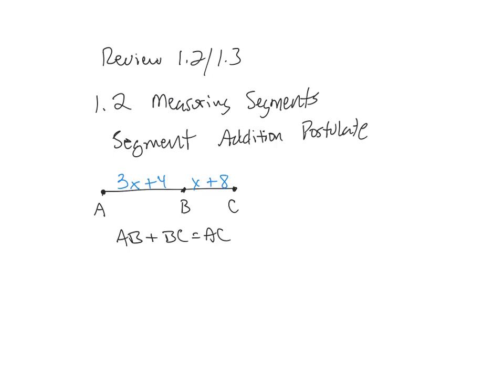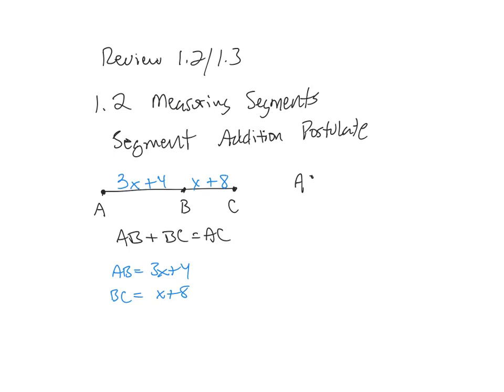You know, where it said AB equals 3x plus 4, and BC equals x plus 8. And I'm just making this up off the top of my head, so hopefully I can get a number that works good.